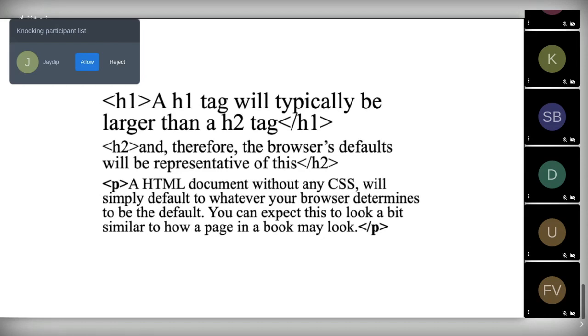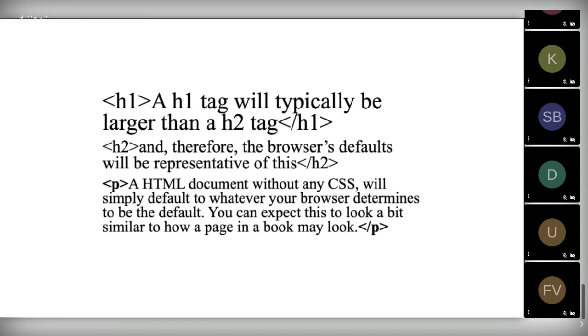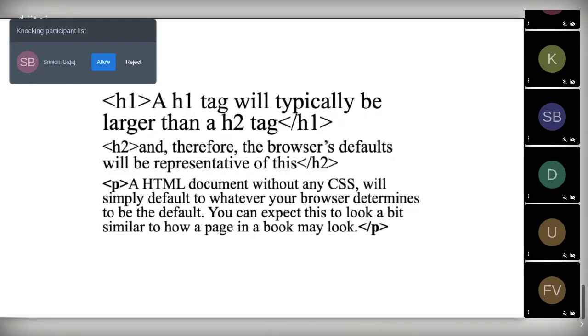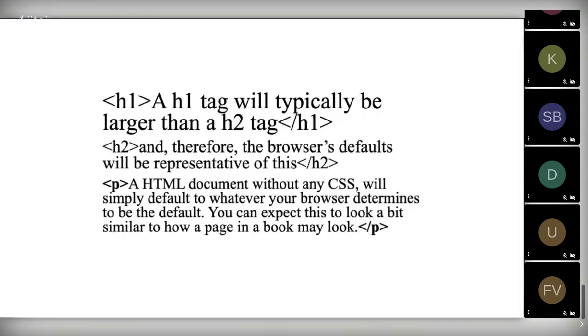And just like how we have paragraphs or P tags, there are different types of tags available to us as well, such as heading tags, of which we have 6 types, H1, H2, all the way up to H6. An H1 tag will typically be larger than an H2 tag. An H2 tag is larger than an H3 tag, and so on. And therefore, the browser's default presentation of your document is representative of that.